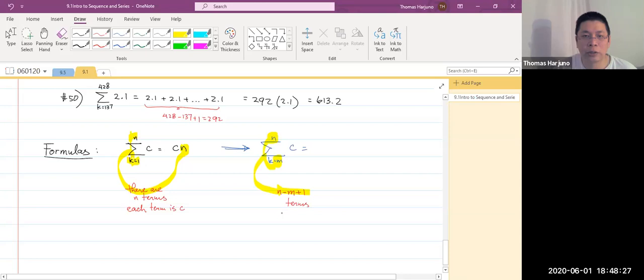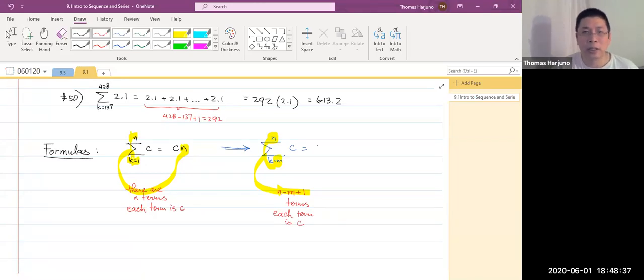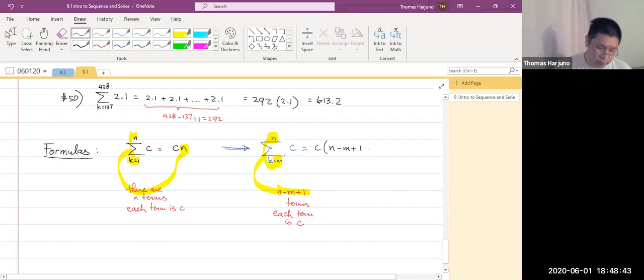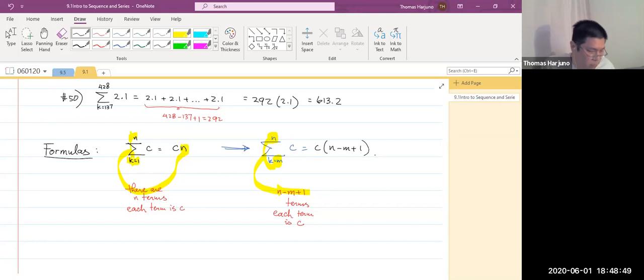Each term is c. So this will give us c times n minus m plus 1.